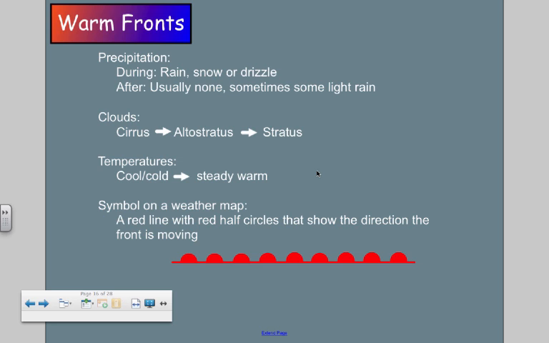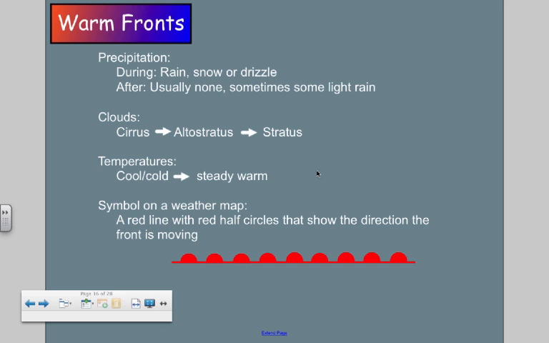Now after the warm front has moved through, there's usually no precipitation, maybe sometimes a little light rain, but usually no precipitation. The clouds again are cirrus, then altostratus, which are high stratus clouds, then lower stratus clouds, and then maybe some fog. Temperatures before the front, it's cold or cool, and then after, the temperature warms up, because now you're in a warm air mass after the warm front has moved through.